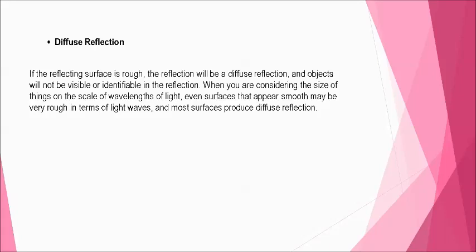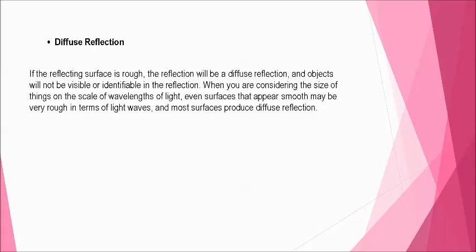But sometimes, class, we think of certain surfaces na mukhang smooth, pero walang reflection, walang identifiable objects in the reflection. Why? Kasi in the scale of the wavelength, hindi talaga sila smooth, but they are actually rough.